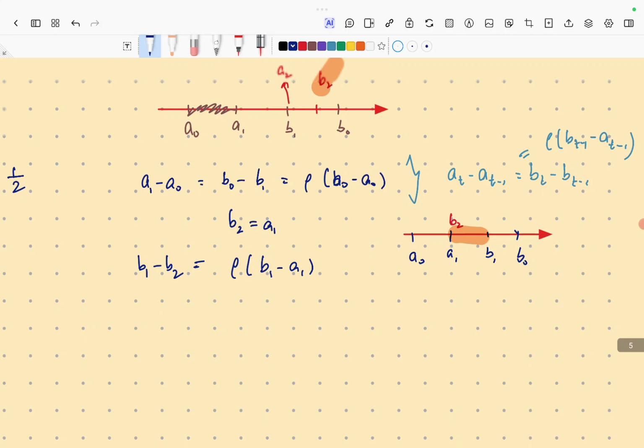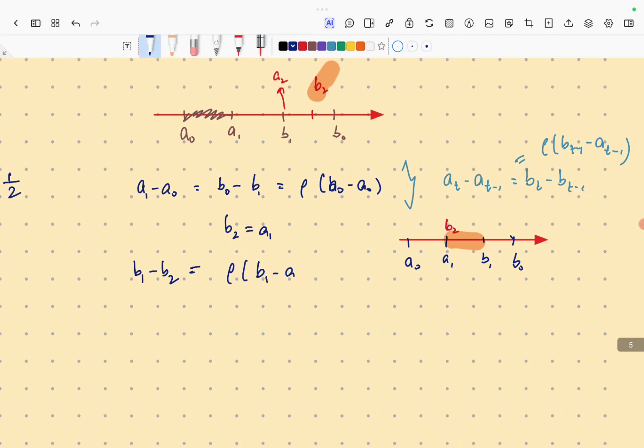Why is it B1 minus A1? That's correct, you're absolutely right. The new interval was B1 minus A0, so it's rho times B1 minus A0. Good catch.